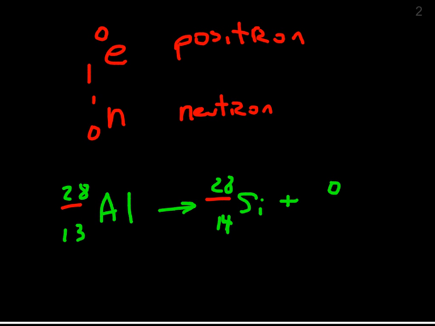Then I go down here, 13 equals 14 plus, well, it's going to be a minus 1. So what is that? It's an e, and it's a beta. So that's how you do it, okay? So a beta particle is going to come off of that, all right?